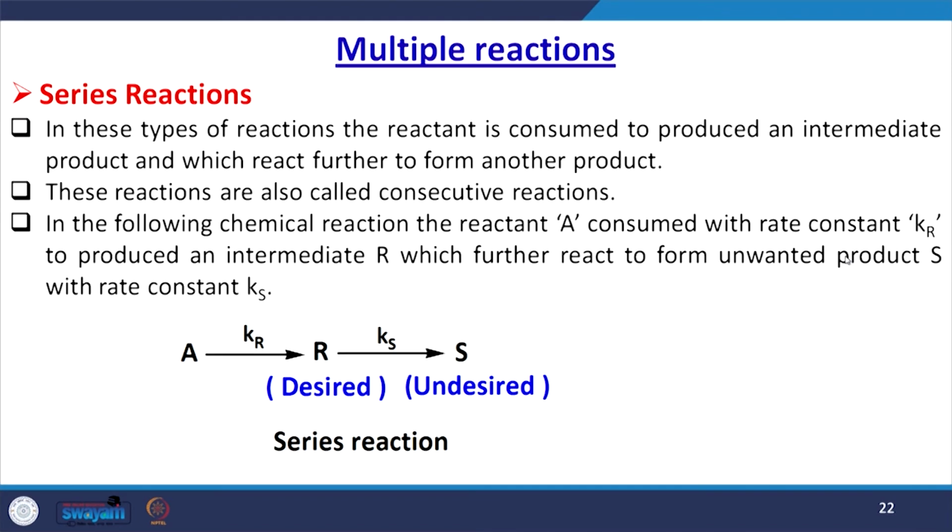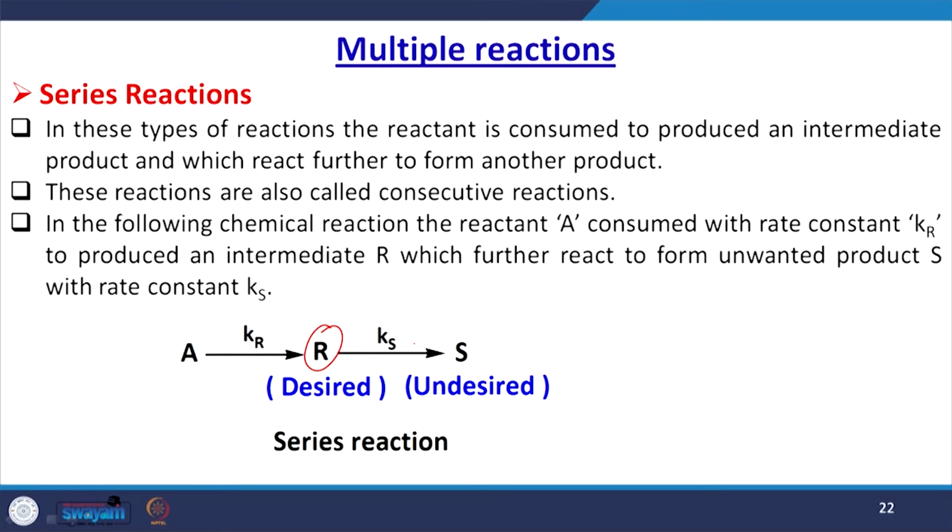Now sometimes we may need to look into series reactions. In this type of reaction, the reactant is consumed to produce an intermediate product, which then further reacts under the given condition to form another product. In layman's language, you are forming two products, and one product in due course of time disappears to form the final product.